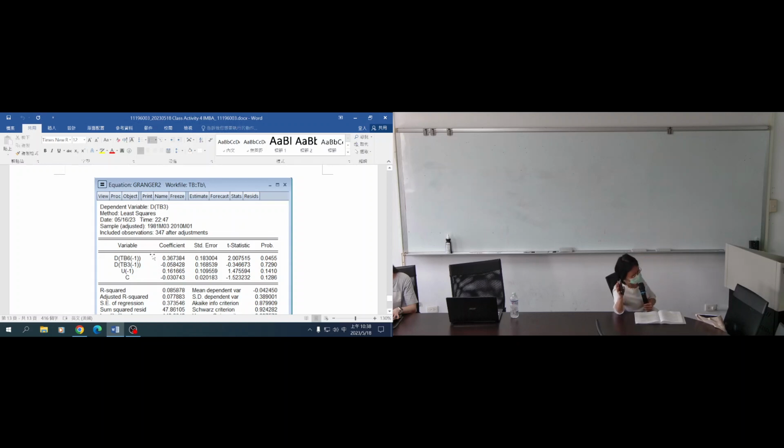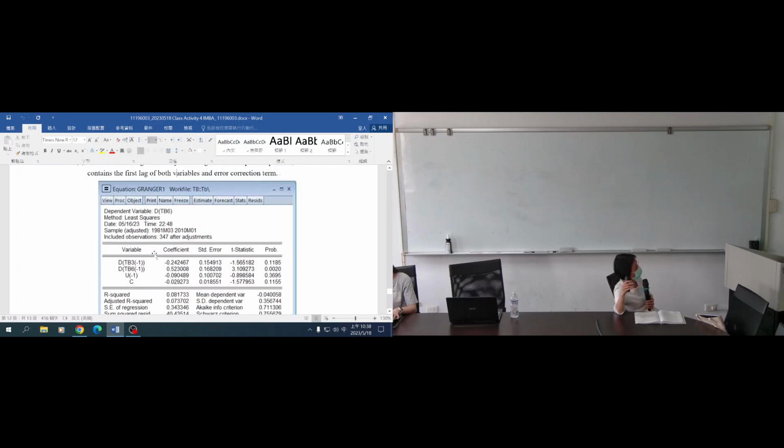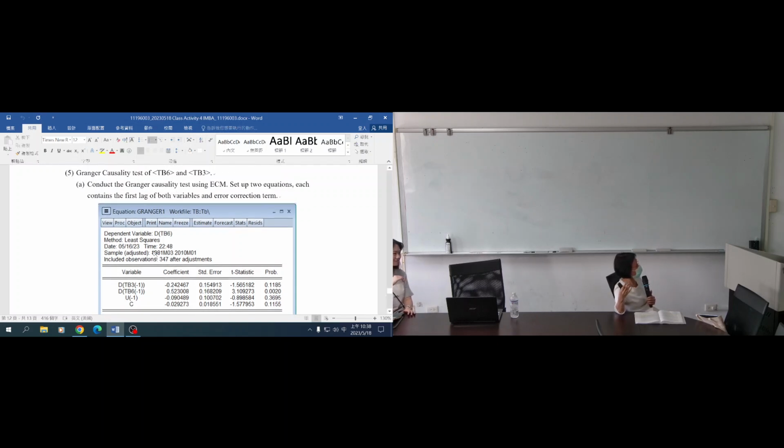And for the rest of x, if you use TB6 as y, you have to use the lag of TB6, as well as the lag of TB3, as x variables. So we cannot do a Granger causality test on short run equilibrium. Yeah, Granger causality is always looking at which events precede, so it's long run instead of short run.